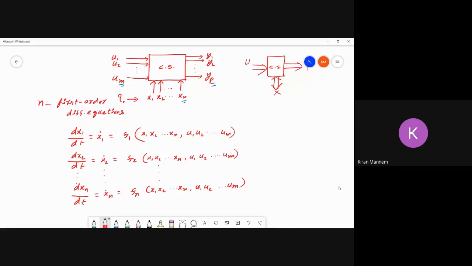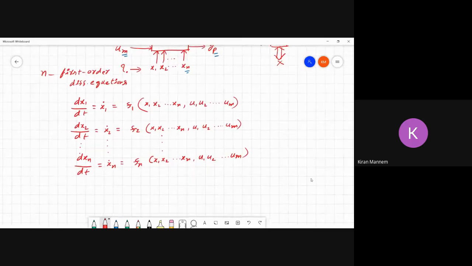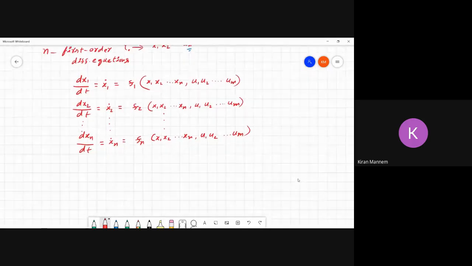So this is the representation of state variables. It is represented by n first order differential equations.